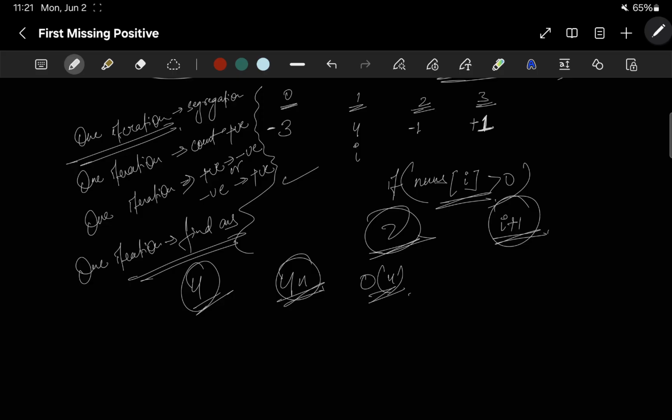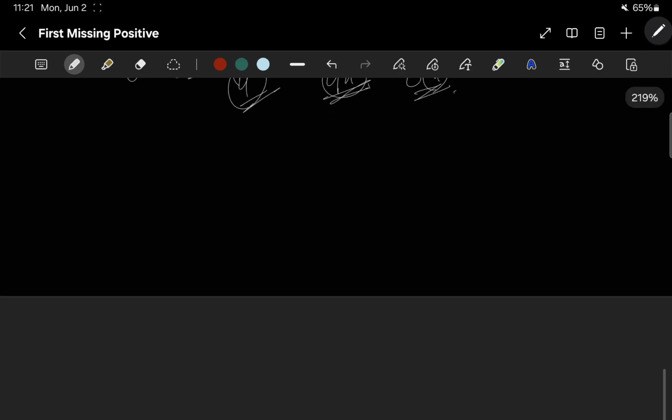Let's dry run it on another example, and let me take some example by myself. Let's say we have 4, 3, 7, minus 4, minus 9, minus 100, 100, 17.